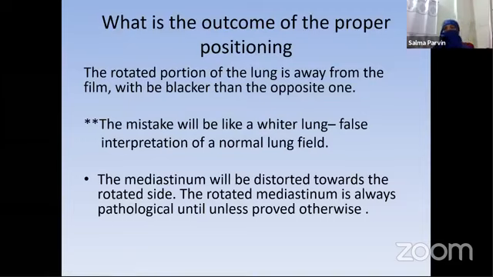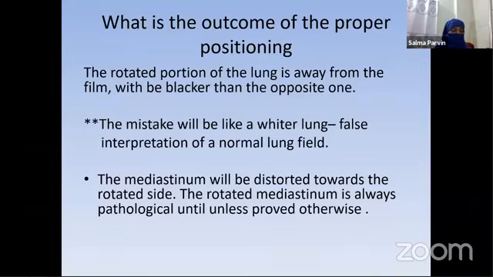So if the patient has a leftward rotation, the left lung field will have a blacker impression than the right one, and the mediastinum, usually two-thirds to the left of the midline, will be more to the left whenever the patient is rotated.